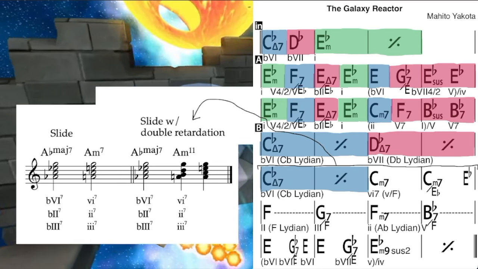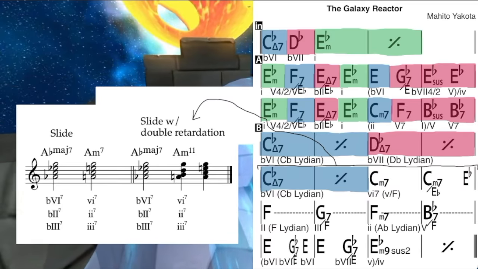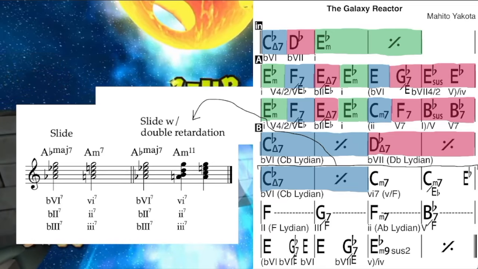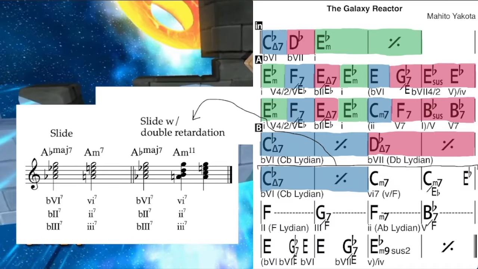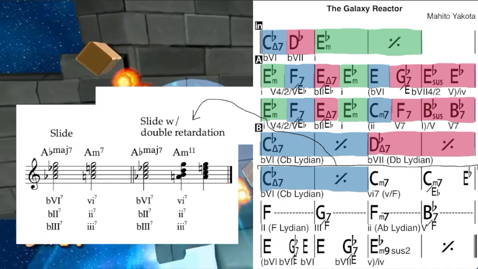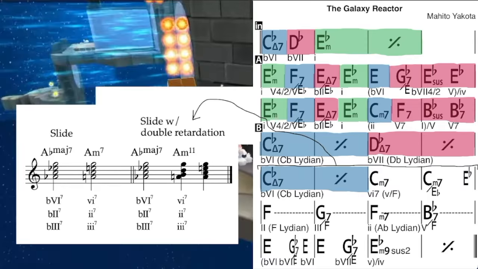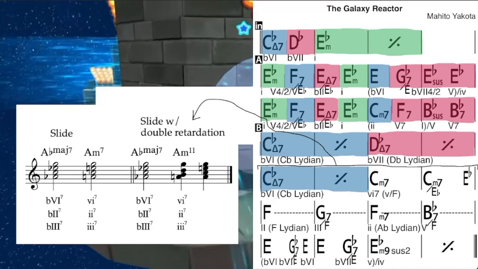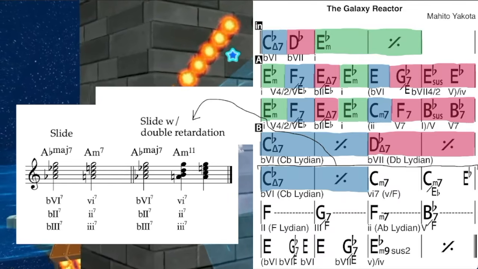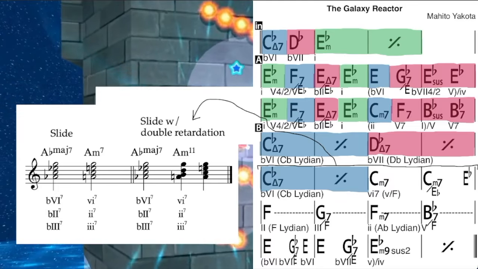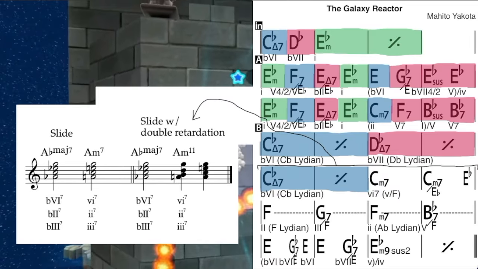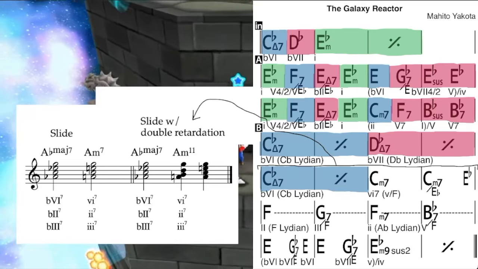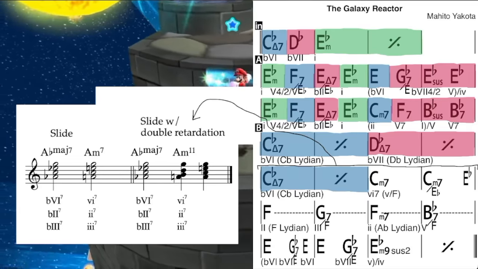Do you hear that? Do you hear how there's like these two notes that resolve upward? So those two notes going up is the double retardation, and that happens in this case. Right?